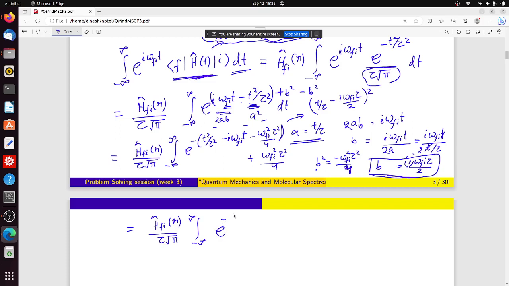This part will be minus t over tau minus i omega phi tau over 2 whole square, and this part will be, okay, let's put one parenthesis here, then this is minus omega phi square tau square over 4.